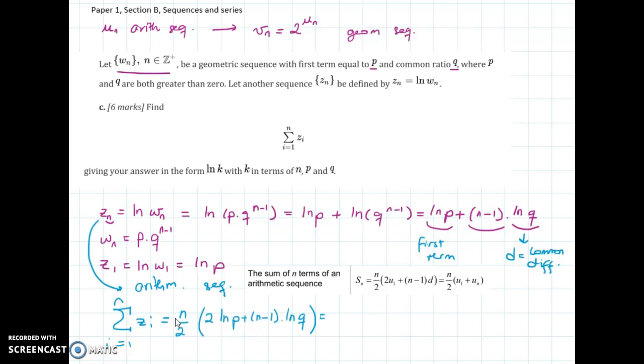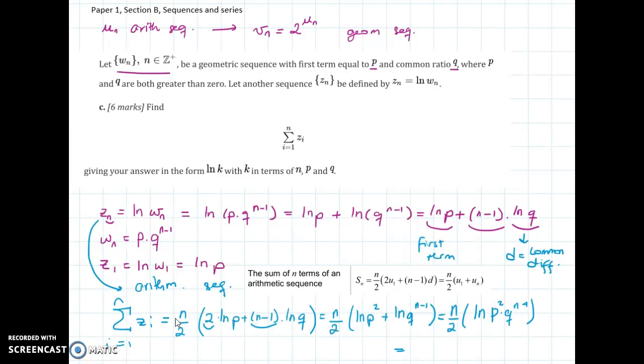I'm going to use the properties of the logarithm to put this 2 multiplying the first logarithm and this n minus 1 multiplying the second one as exponents inside those logarithms. So it's going to be n over 2 times the logarithm of p squared plus the logarithm of q to the power of n minus 1. Now we have a sum of logarithms, so I'm going to write that as the logarithm of the product: the logarithm of p squared times q to the power of n minus 1.